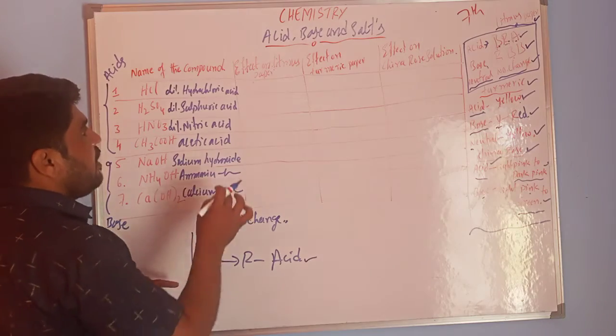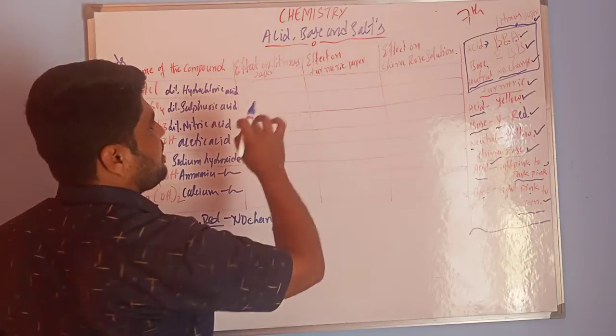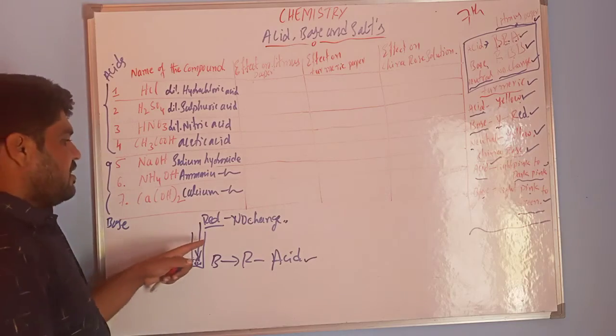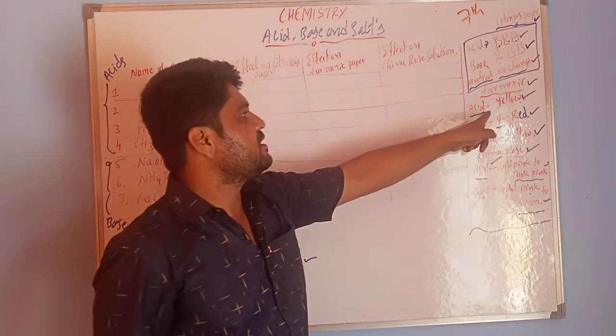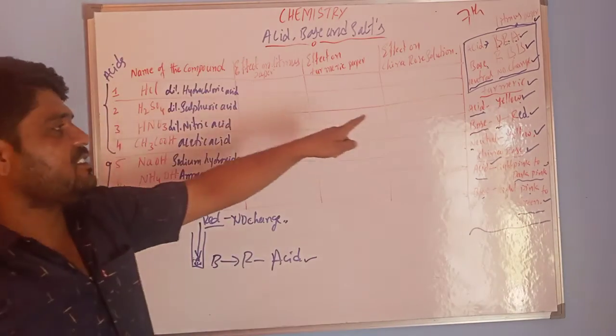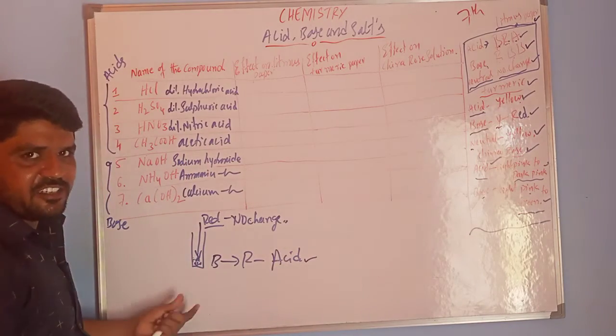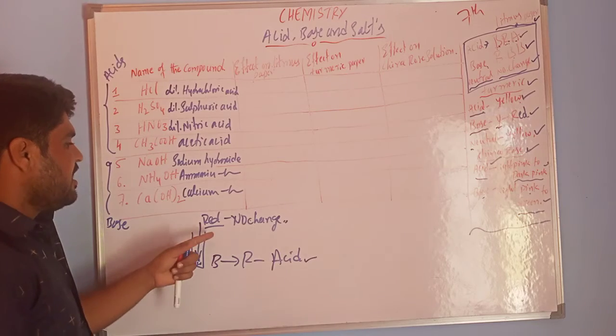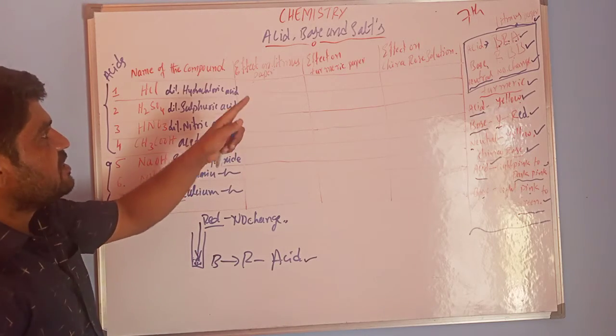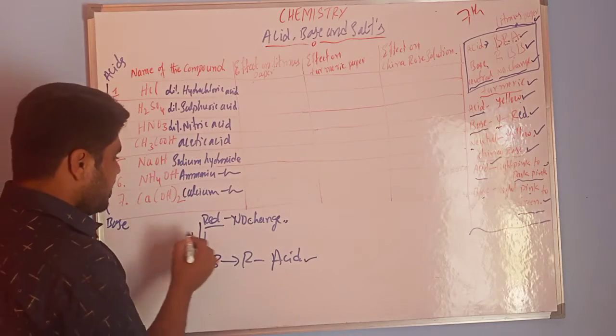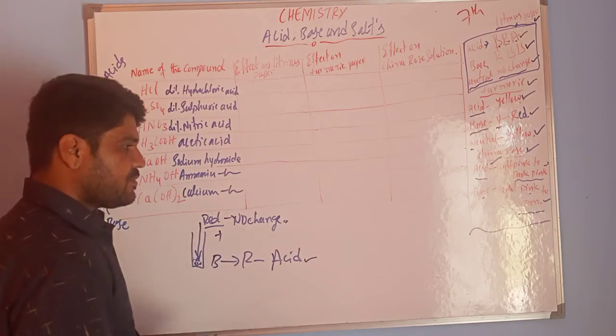Next, turmeric paper. See here, hydrochloric acid is there. In this test tube of hydrochloric acid, instead of litmus paper, I am taking turmeric paper.